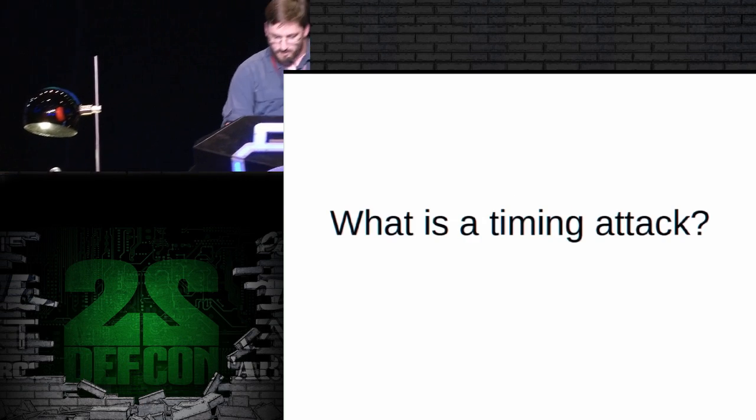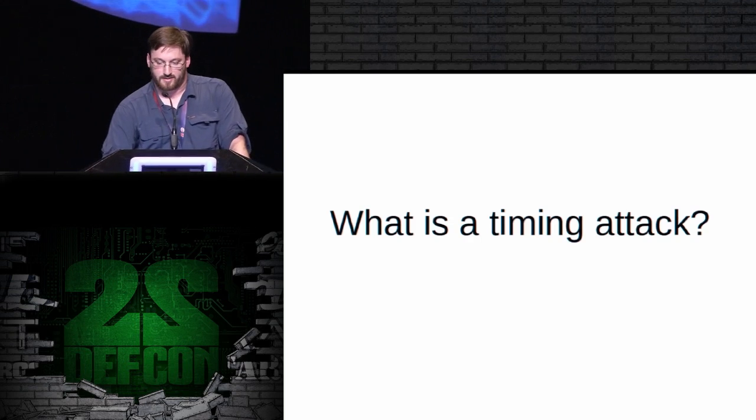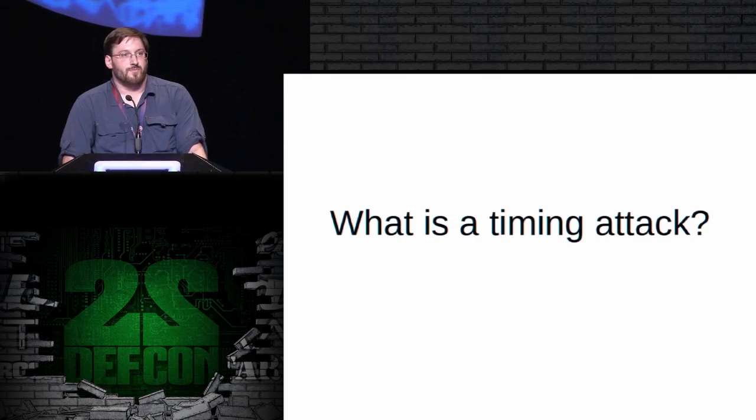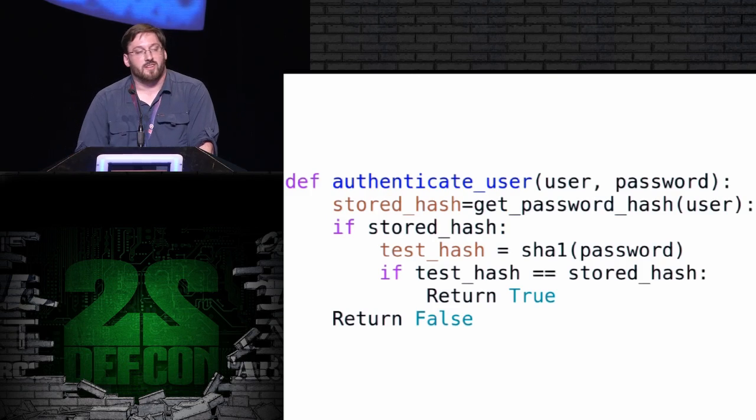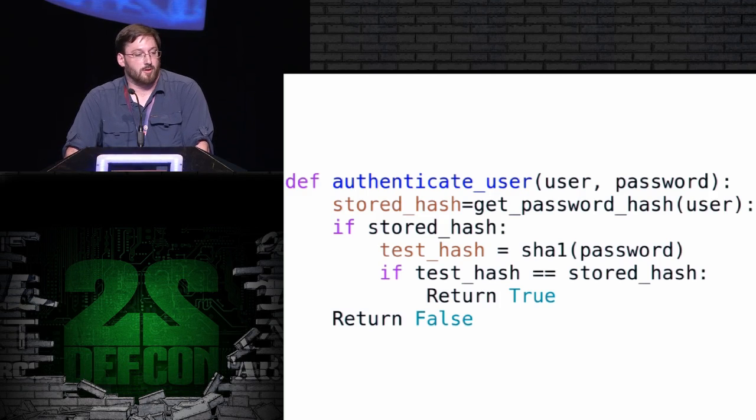So, talking about timing attacks. At the most basic level, asking a computer to do any operation takes a measurable amount of time. A timing attack exploits this by noticing differences in the amount of time it takes to process something. This is a pretty typical example of a user authentication flow.